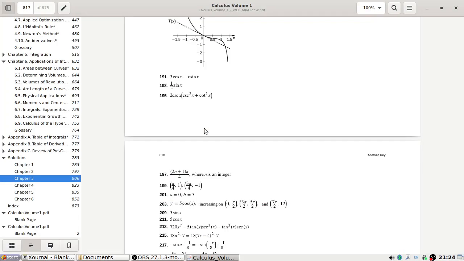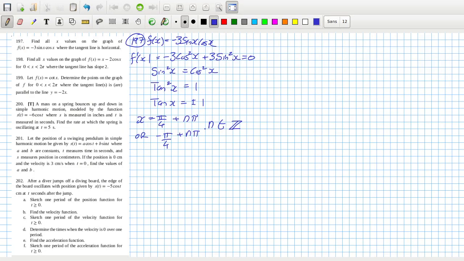Can we put it into 1? That would be a half pi plus a quarter pi. Yeah, maybe we could put this into 1.